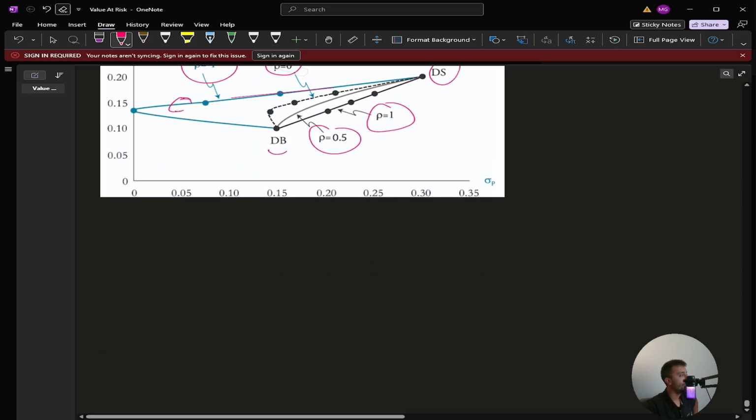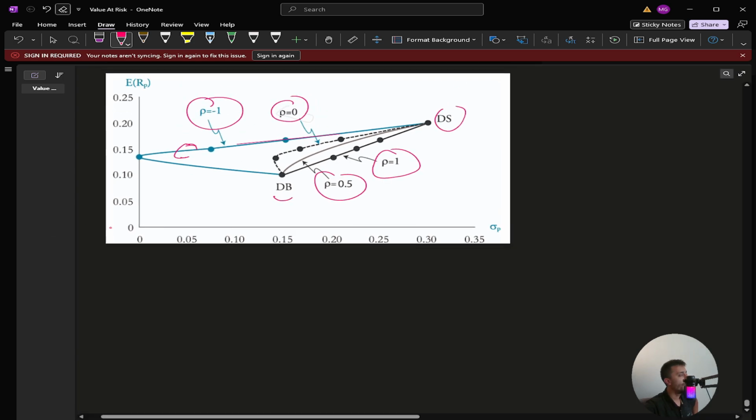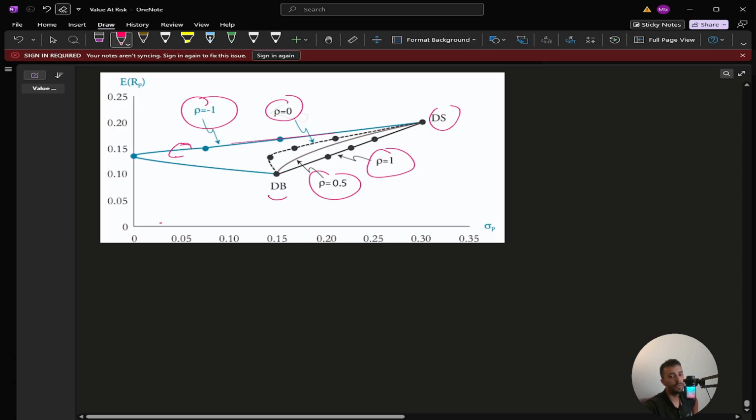By holding a sufficiently large, diversified portfolio, investors are able to reduce or even eliminate company-specific, I mean idiosyncratic, risk.